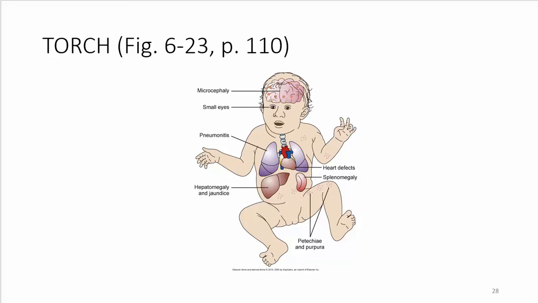So any one of the viruses can lead to microcephaly, heart defects, liver defects, spleen defects, bruising, petechiae, that kind of thing.